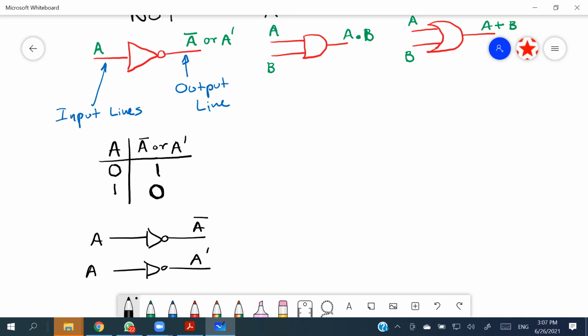Is that clear? Yes, A bar and A dash are the same. Okay, good, you asked the questions, right? That's great. All right, so any more questions? Can we continue to see how the AND gate is going to work?